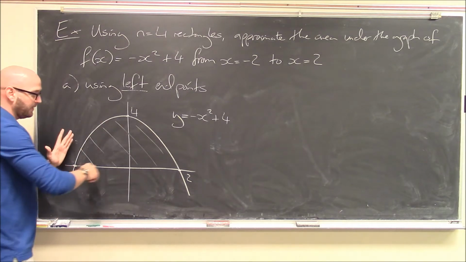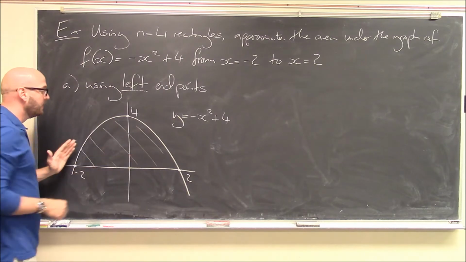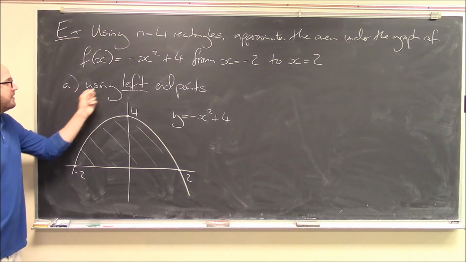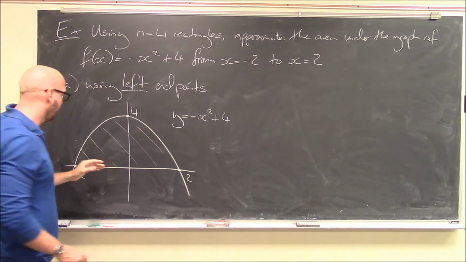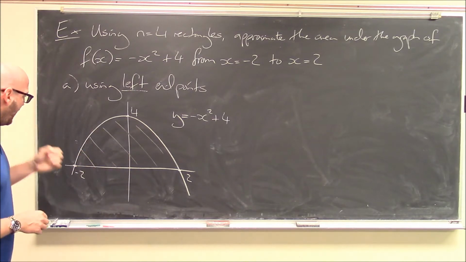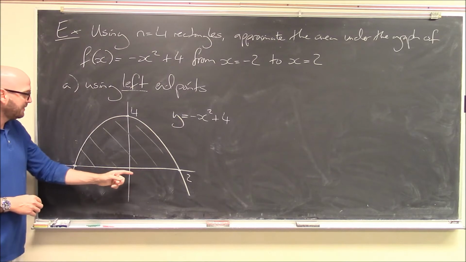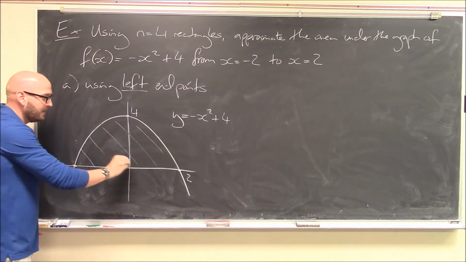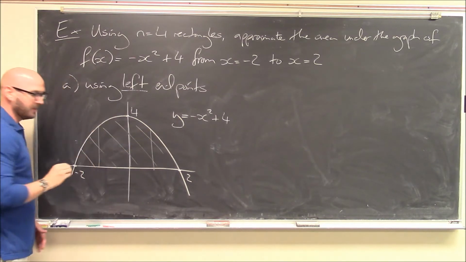So I'm going to split this region into 4 parts of equal width. And part A says use left endpoints. We'll get into left endpoints in a second. But I want to split this evenly into 4 parts. How wide should each rectangle be? If I cut it into 2 parts, I would cut it right down the middle. And if I cut it into 4 parts, then clearly I'd cut these 2 halves down the middle as well.